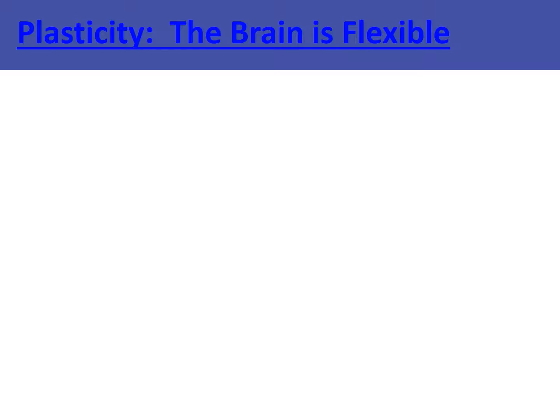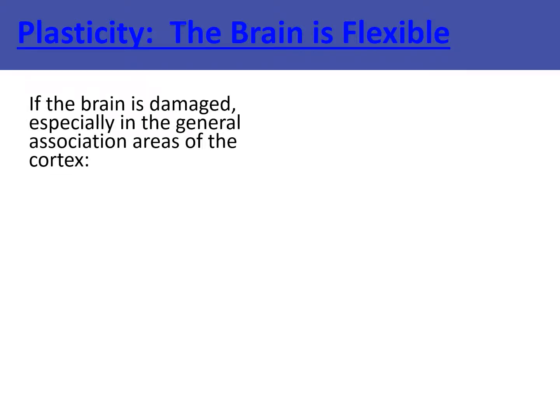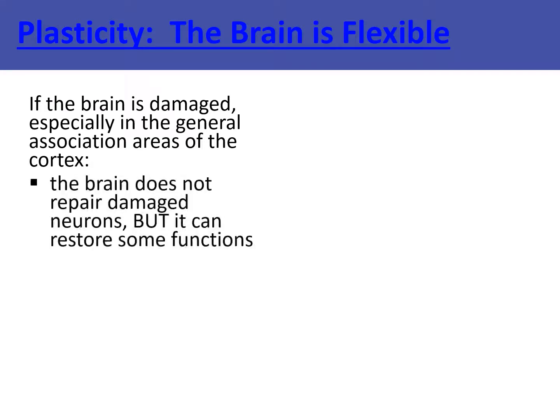Now, moving on to a very important concept of plasticity. That's the flexibility of the brain. And so if the brain is damaged, the brain will rewire itself, especially if you are young. The younger you are, the more quickly and more extensively the brain will rewire itself following damage. The brain doesn't repair damaged neurons.